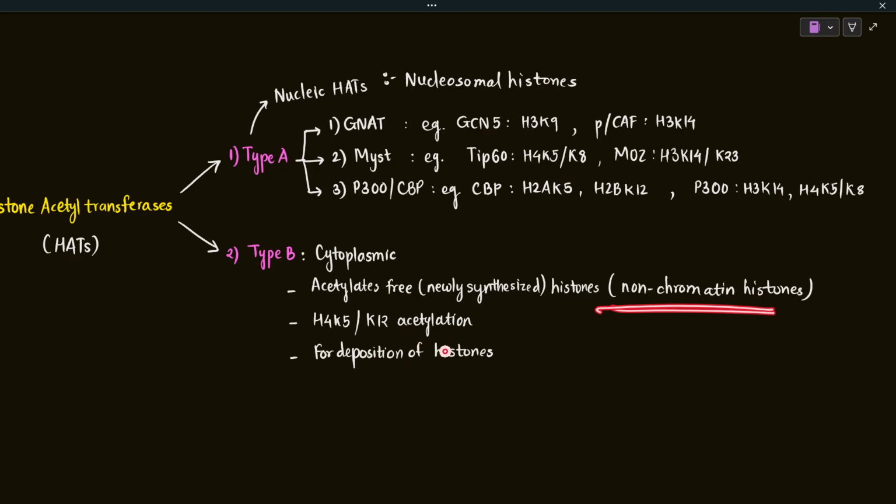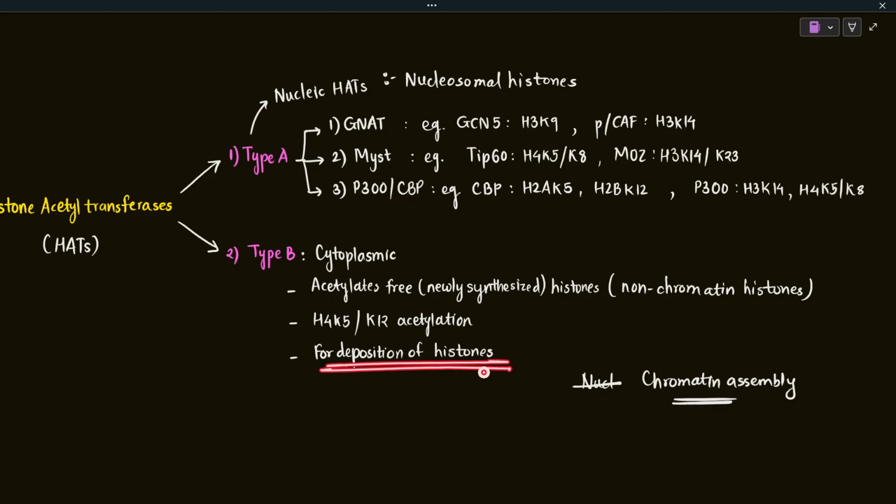Why is it significant? Because the newly synthesized histones get acetylated, and that helps in nucleosomal or chromatin assembly. Whenever histones are newly synthesized, they are acetylated in cytoplasm by type B HATs, and that helps in deposition of histones, meaning the assembly of histones into nucleosomes, meaning the chromatin assembly.